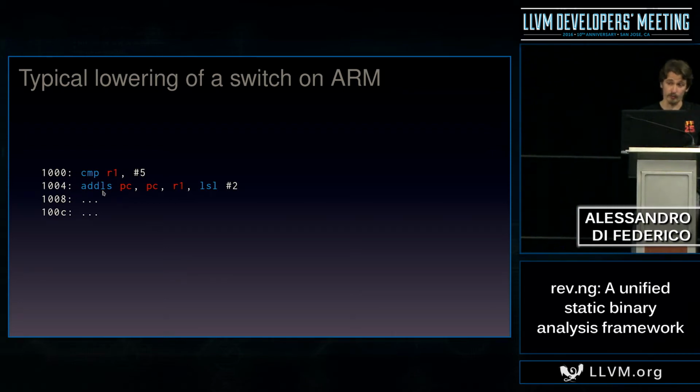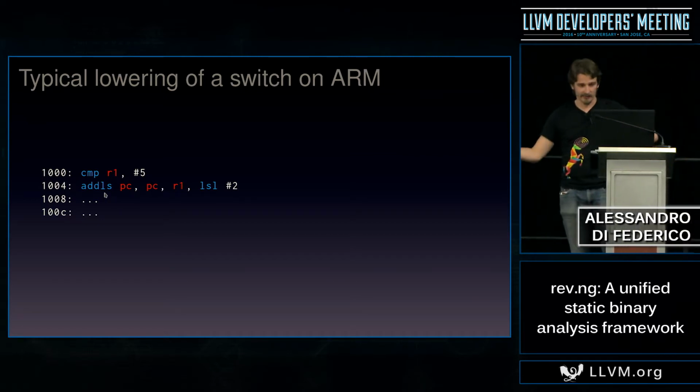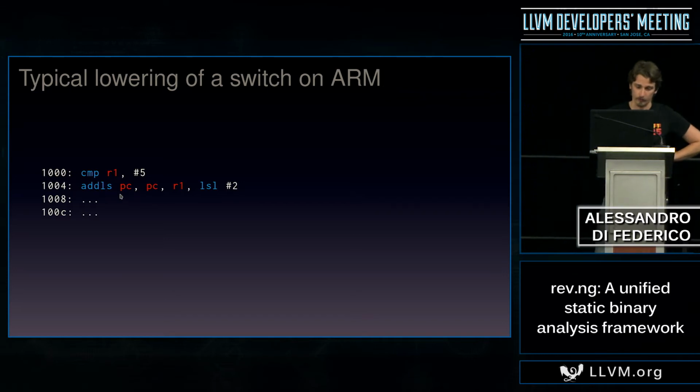Then, if the previous comparison gives a result that is less than or equal, ls is a predicate. In ARM, you have predicate execution. ls means less than or equal in an unsigned sense. Then we execute this instruction. So we write to the program counter the current value of the program counter plus R1, which is the result of our switch expression, shifted left by 2 positions.